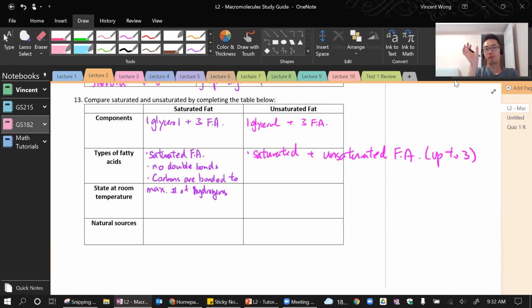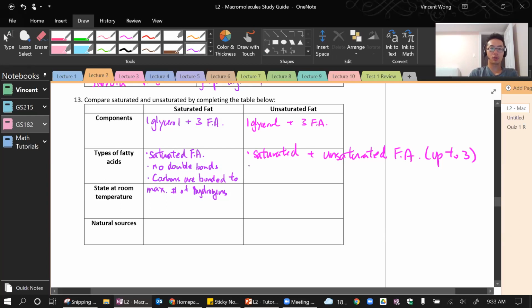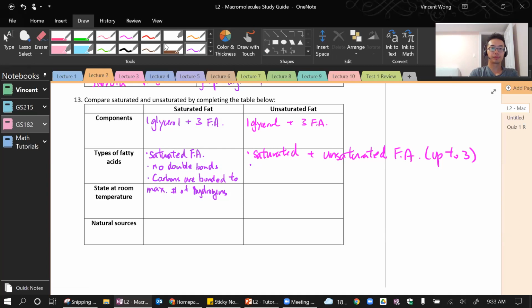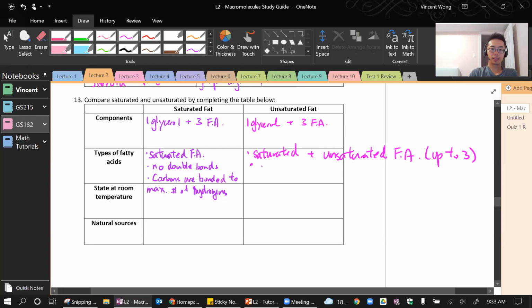So sometimes you have one saturated and two unsaturated, or two saturated and one unsaturated, or all three of them being unsaturated. Here you're going to have some double bonds, and the carbons are not bonded to the maximum number of hydrogen. There's still room for more hydrogen.